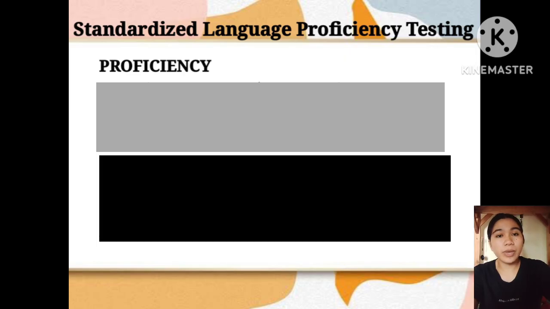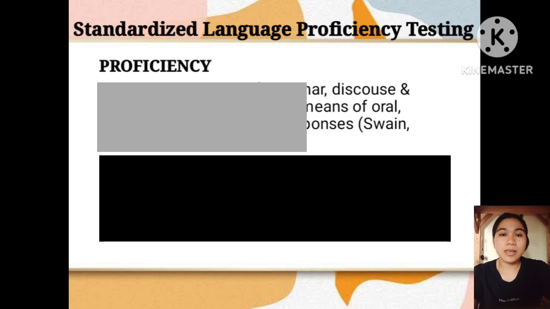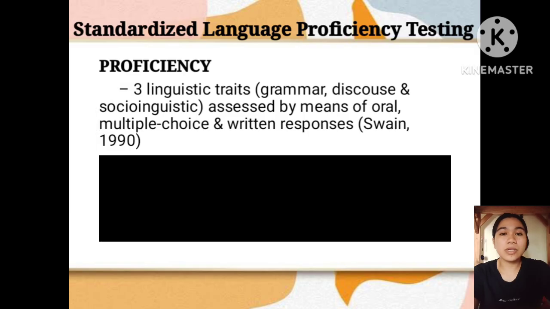So, according to Swain, he offered a multidimensional view of proficiency assessment by referring to three linguistic traits, that is, grammar, discourse, and sociolinguistic, that can be assessed by means of oral, multiple choice, and written responses. So, Swain's conception was not meant to be an exhaustive analysis of ability, but rather to serve as an operational framework for constructing proficiency assessments.